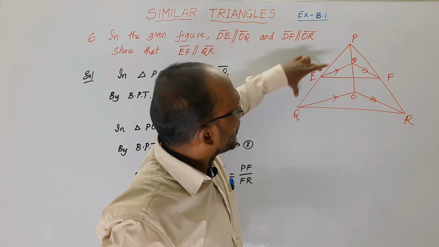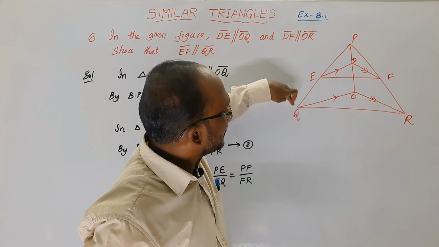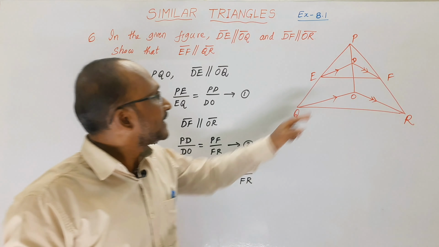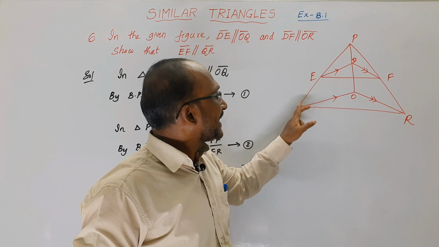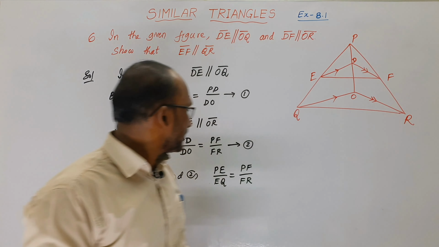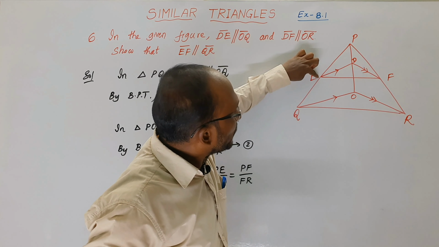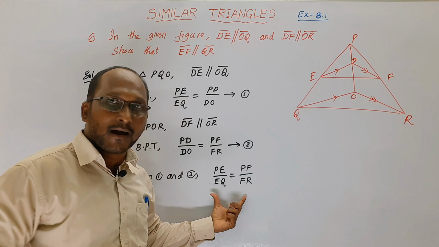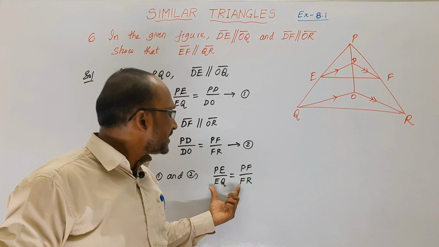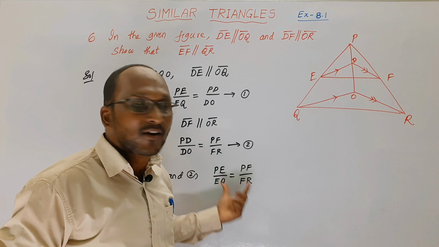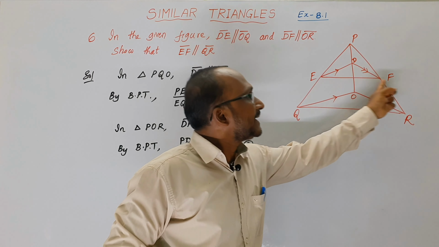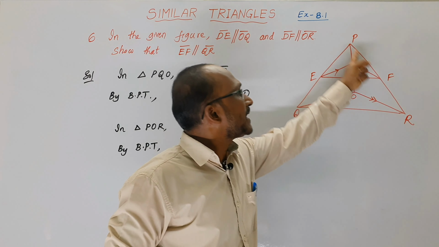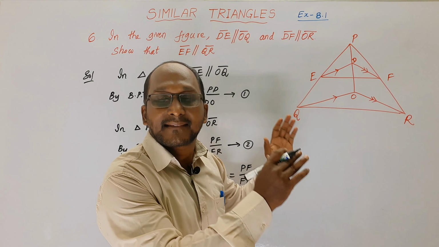But here you see PE and EQ, and PF and FR, these are the parts of the sides of triangle PQR. So in triangle PQR, PE by EQ is equal to PF by FR. These two equal ratios are obtained by the line EF, as EF is intersecting the sides PQ and PR in the same ratio.